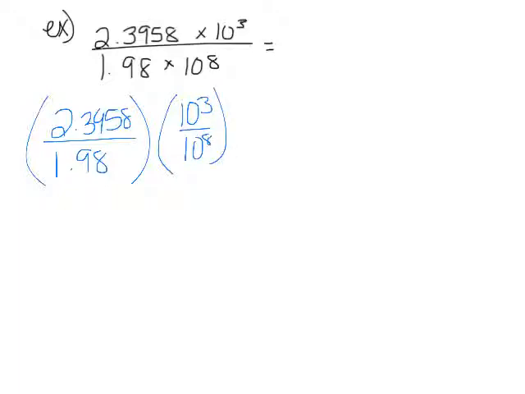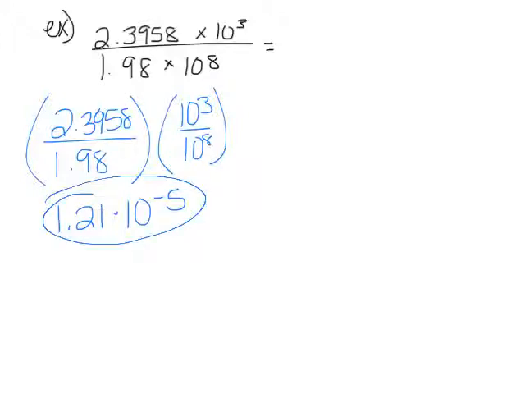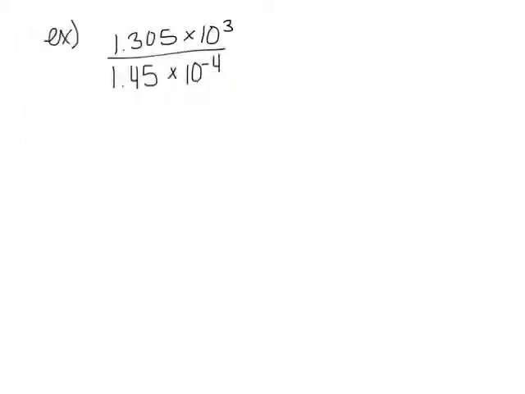And when I divide, I get 1.21 times 10 to the negative 5th. And since my number is already in that range of 1 to 10, I can go ahead and leave my answer like this. Go ahead and pause the video and try this one on your own.